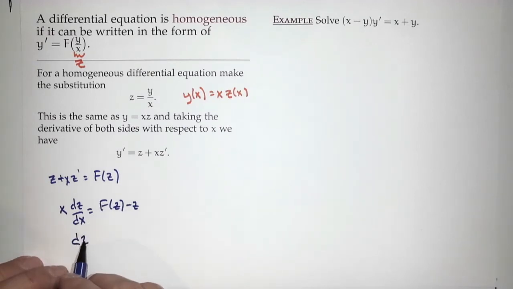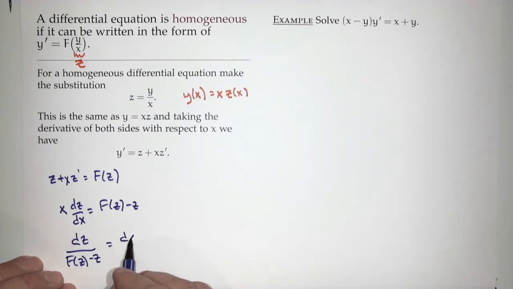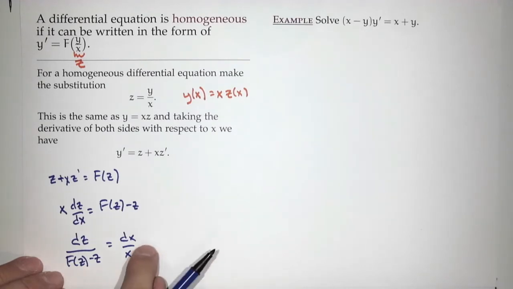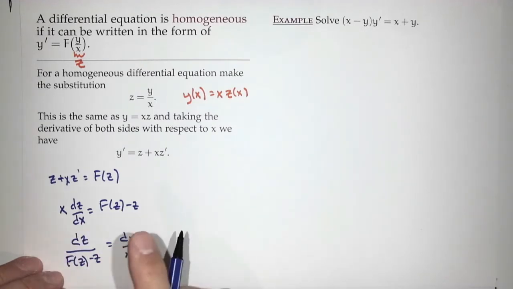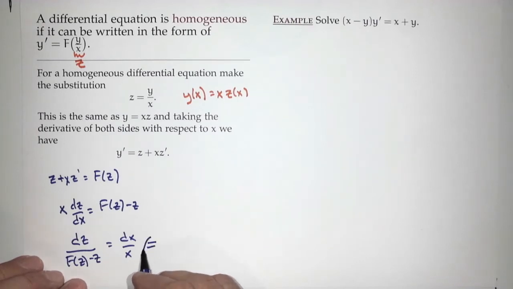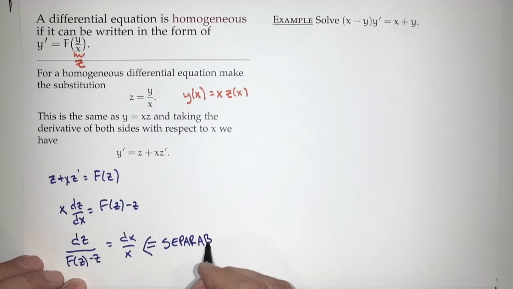So this becomes dz over f of z minus z is equal to dx over x. And what do we see? We see it's separated. So yes, this is nice. It's separable. And so, aha, we're happy again because we can solve this. We can make progress. This is good news.